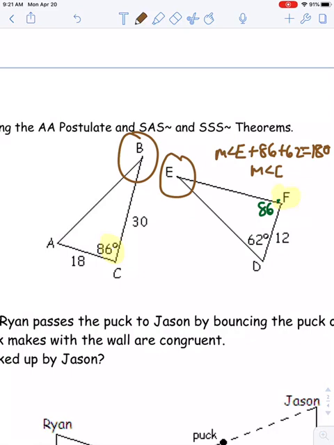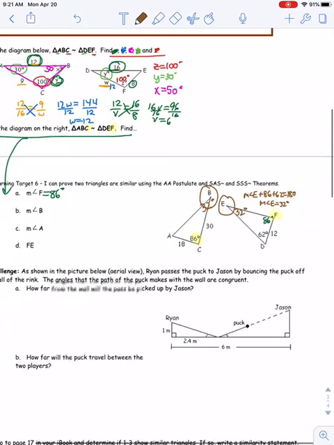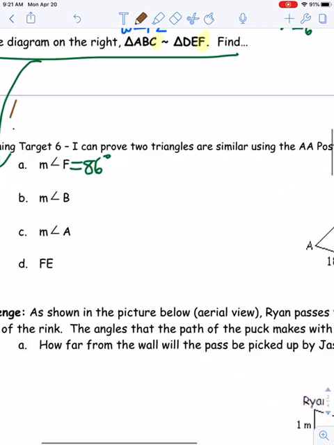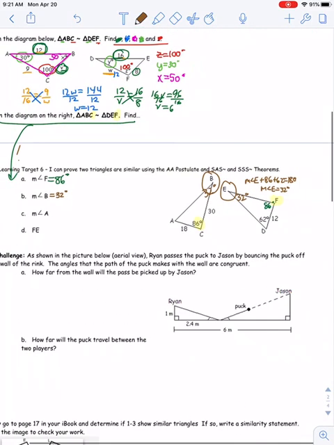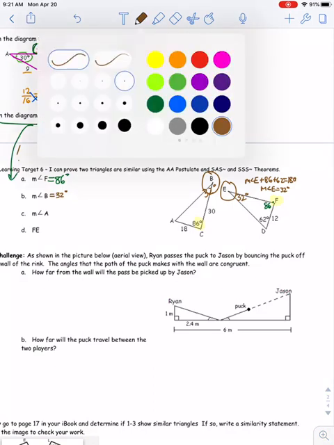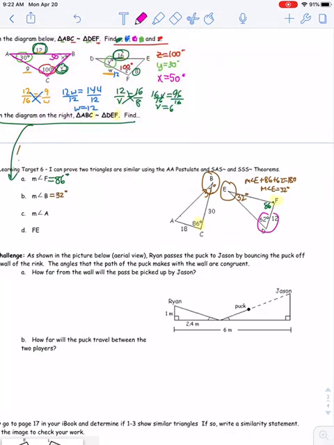Measure of angle E equals 32 degrees. And then since it corresponds to B, I know that's also 32 degrees. Angle A corresponds to D, so that's 62 degrees.